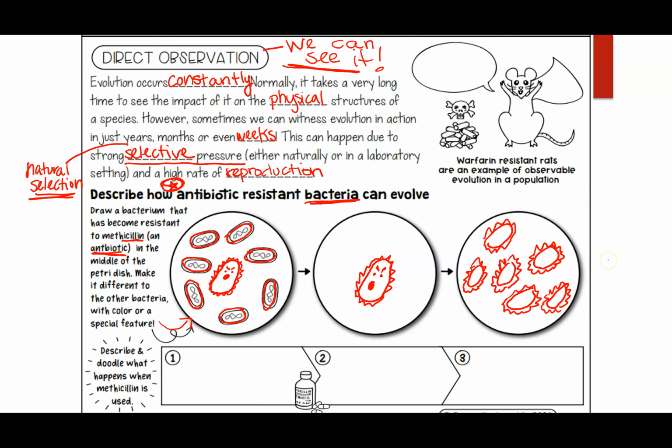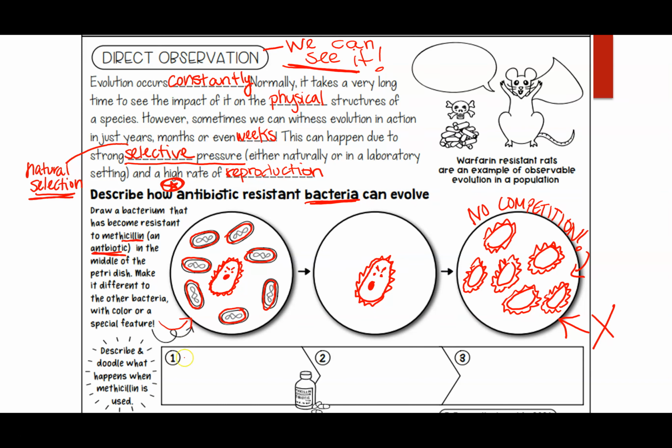Because there aren't any other bacteria in there, we say that means there's no competition. So, which one's going to take over? The one that is resistant. Okay? Is methicillin going to work on this group of bacteria? No way. All right? So, let's describe this in words.